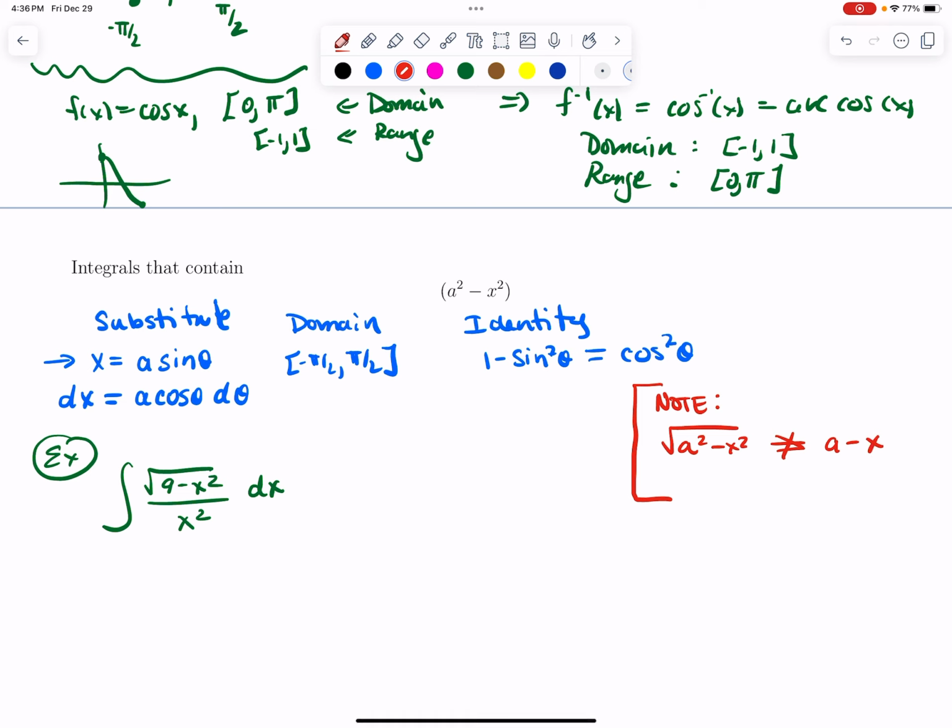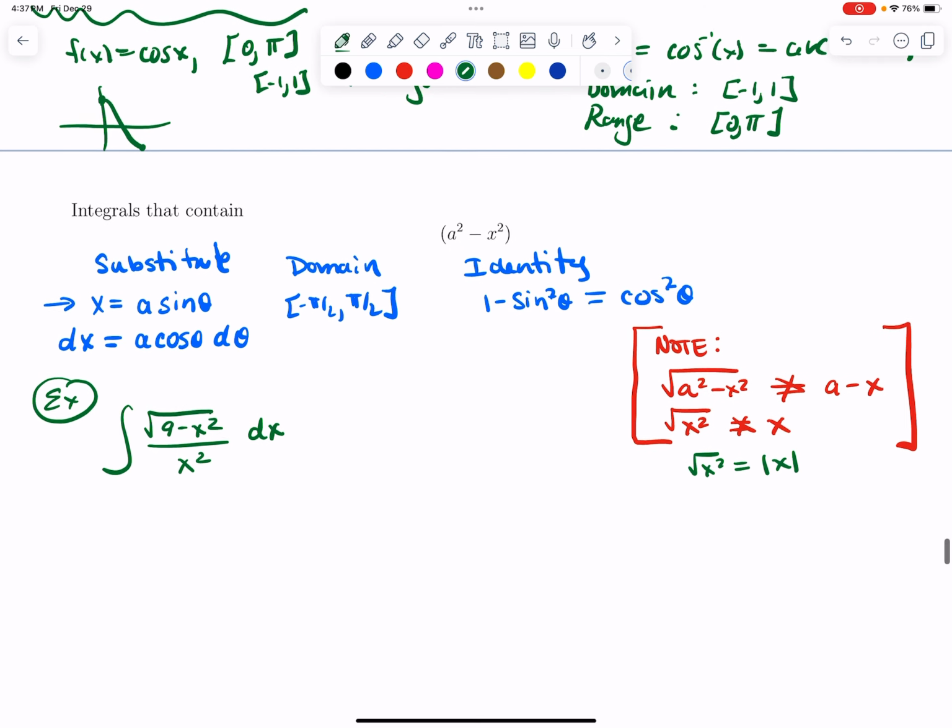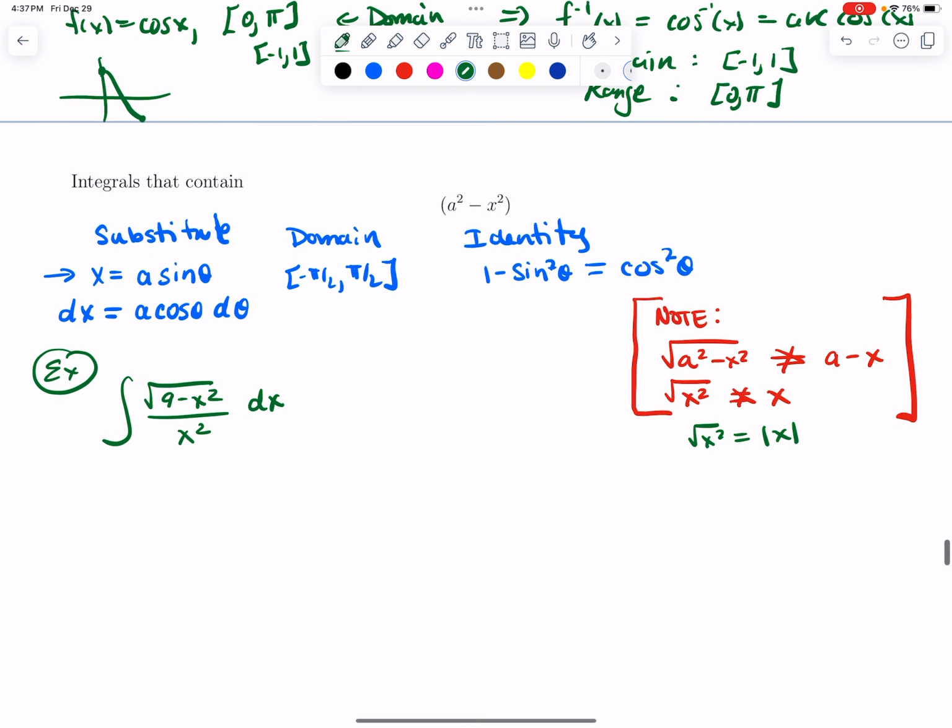The radical does not distribute over a sum. Also, the square root of x squared doesn't equal x. It equals x only if x itself is positive. What it does equal is the absolute value of x. All right, back to our example.